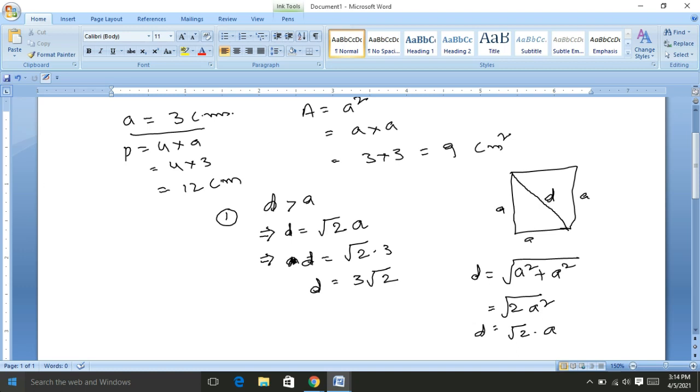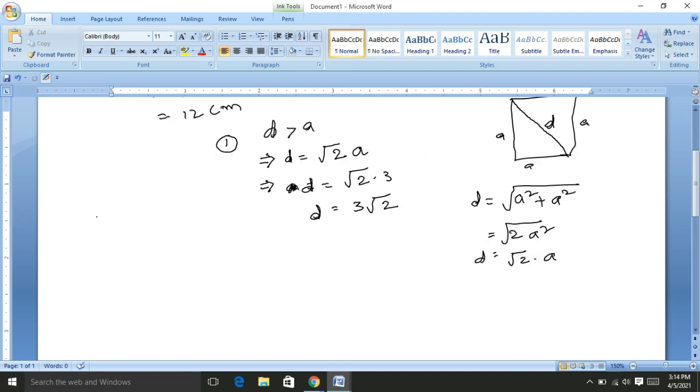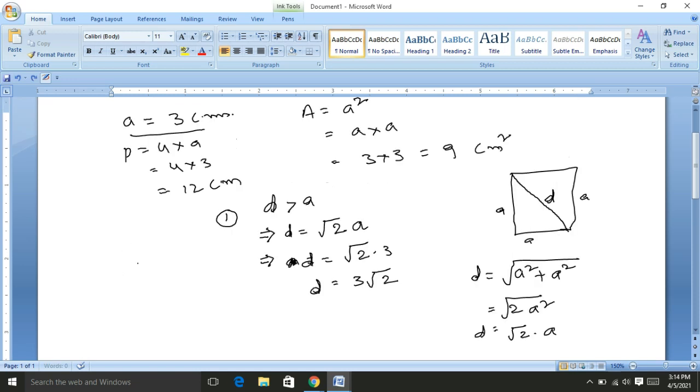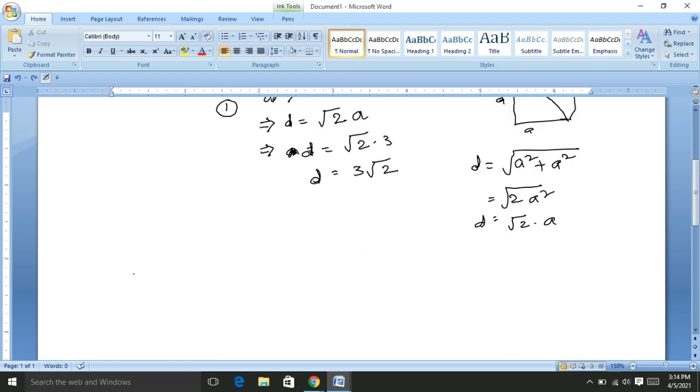Let us consider the length of the diagonal equal to d for the square, then its area is given by the formula with root 2A.